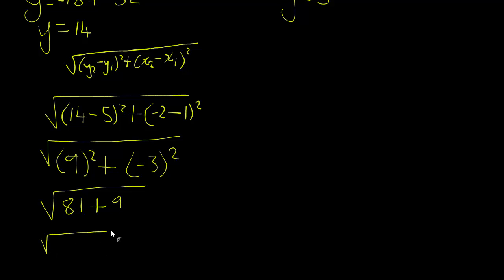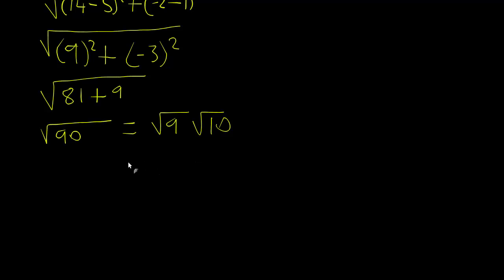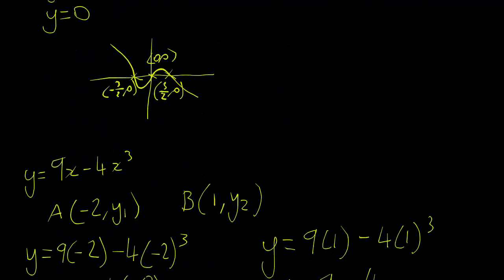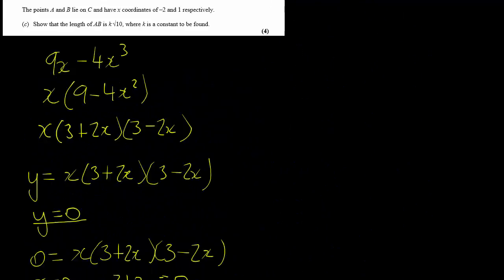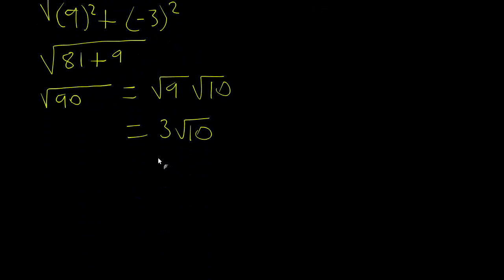So that gives us the square root of 90. That would be root 9 times root 10, because 9 times 10 makes 90, and the square root of 9 is 3, so it's 3 root 10. So the constant we had to find at the beginning, all the way back up here, k is 3. There we go, just like that.